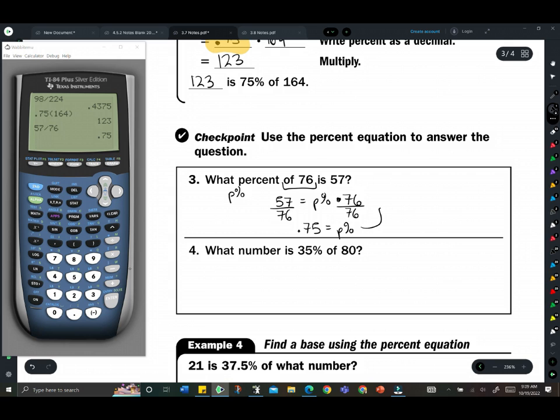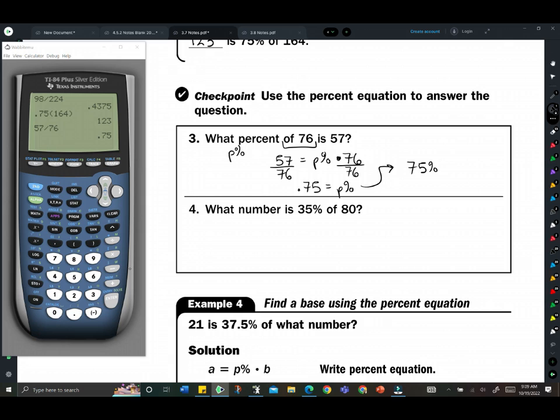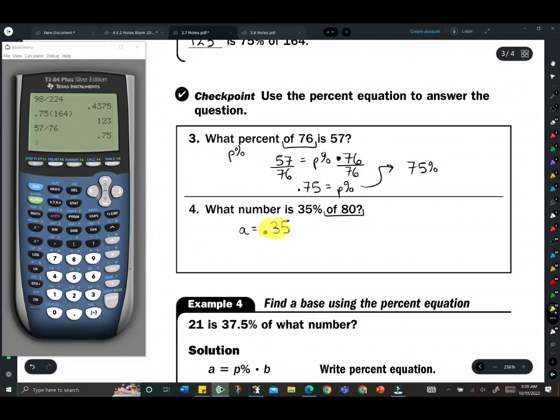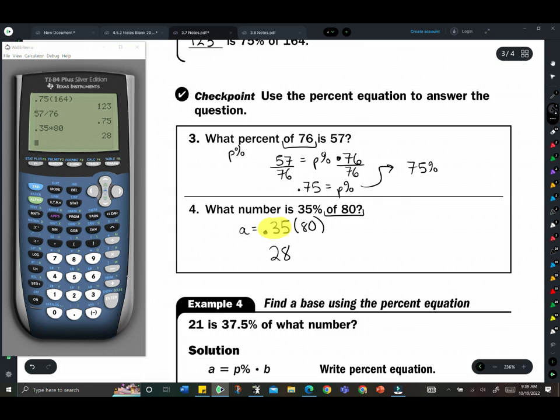Written as a proper percentage, that's 75%. What number is 35% of 80? This time we're finding a piece. So 0.35, remember, as a decimal, times 80. 0.35 times 80 gives us 28. So 28 is 35% of 80.